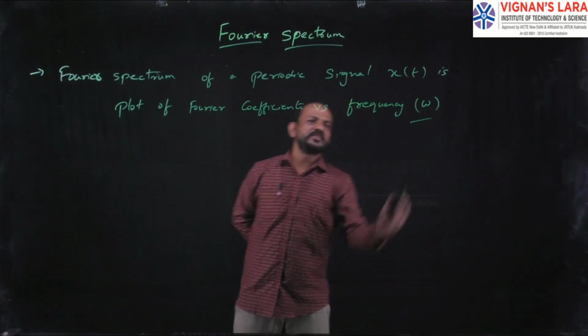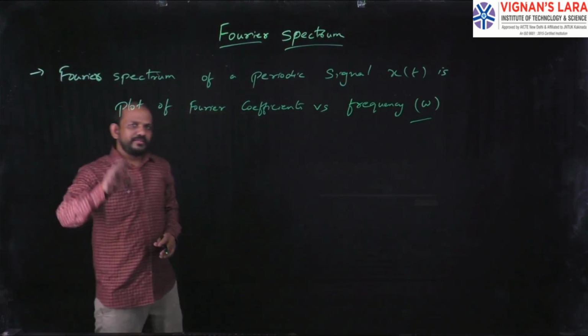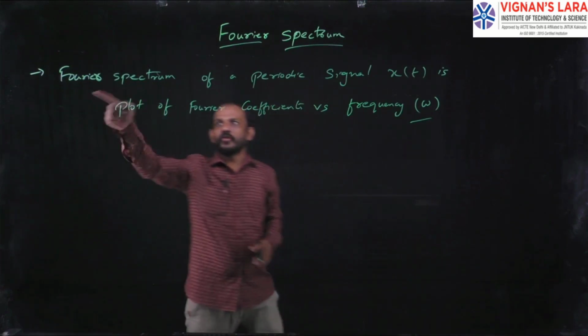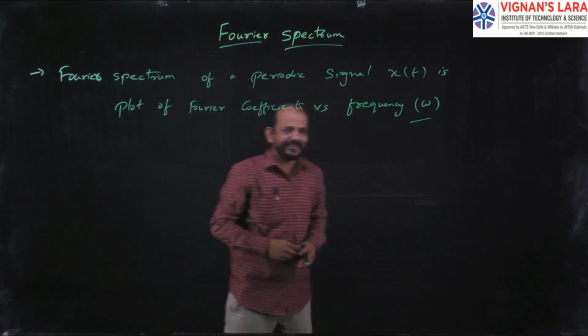So the plot of a Fourier coefficient versus frequency will give the Fourier spectrum of a periodic signal x of t.